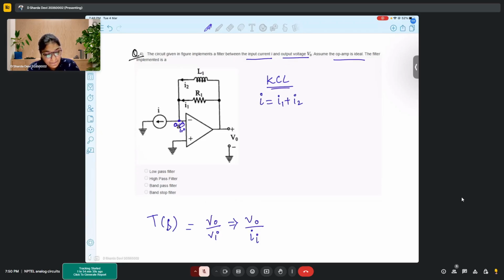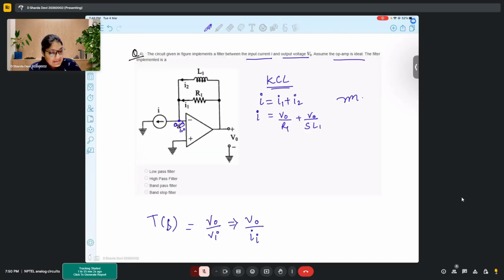Here I equal to I1 is V0 upon R1 plus V0 upon SL1. This is an inductor, so when we write the impedance, we write it directly as SL.